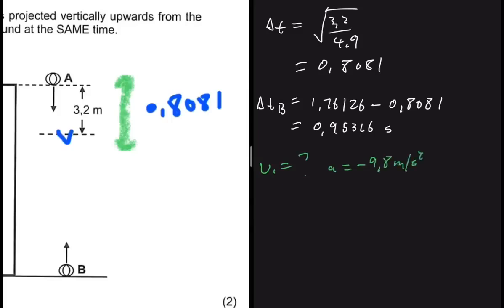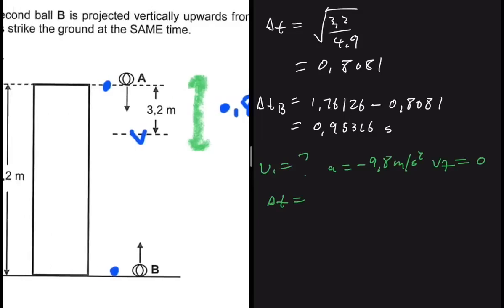If we take the motion from the ground to the maximum height, we have a VF which is equal to 0. To find the change in time from ground to maximum height, we say total time divided by 2, because the time taken from ground to the maximum height is the same as from maximum height to the ground.